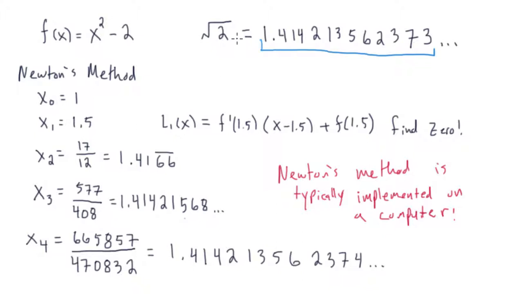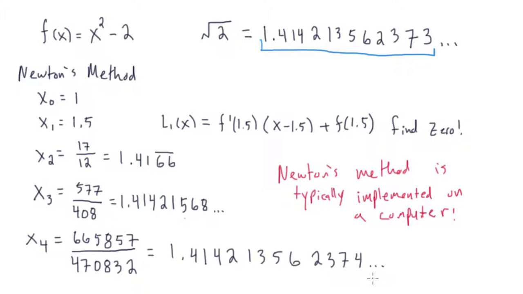Now, calculators typically don't use exactly this method. They use a little bit more sophisticated methods. But you can see how quickly a computer could do this. A computer can do these 4 steps of Newton's method to approximate the square root of 2 in fractions of a second. And that's amazing. You get not exactly, but exact enough of what the square root of 2 is. It's a very powerful method.